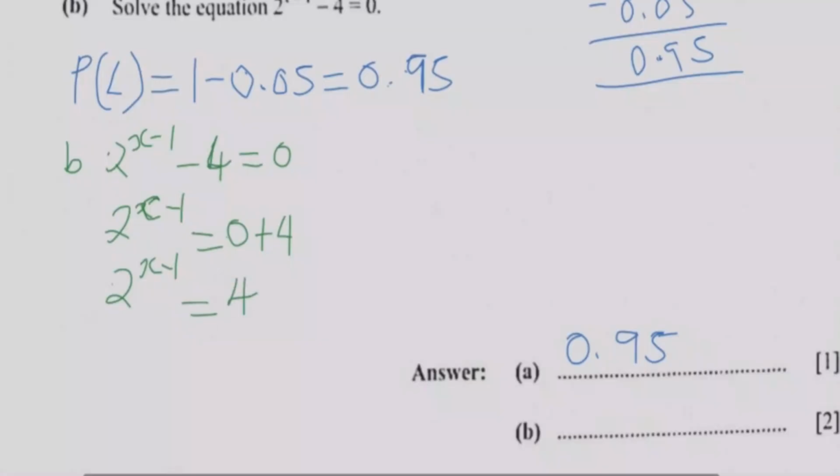Then we need to have the same base. So we are going to write 4 in indices, with a power, so that it has the same base.